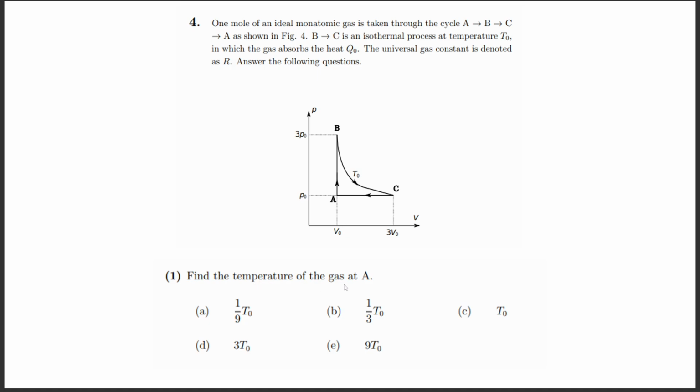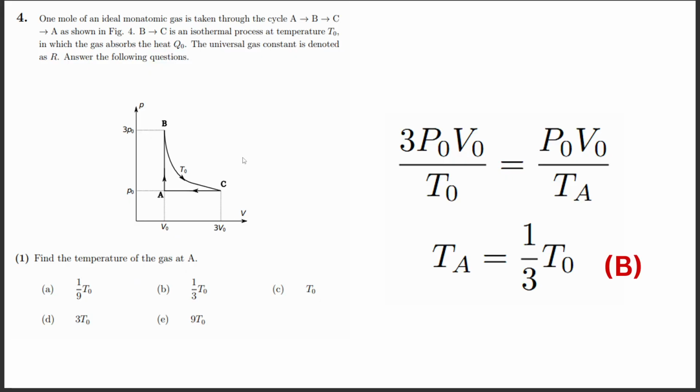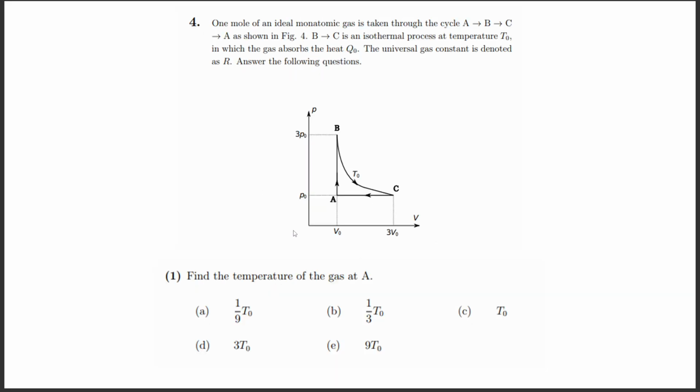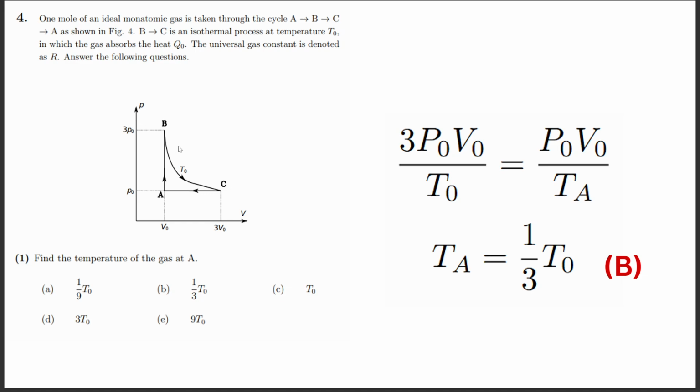So we work on number 1. Find the temperature of the gas at A. We can use PV over T for this, since PV over T is constant. We could take any point you want, whether it is B or C, but let's choose B. You can choose C, but it's going to be the same.